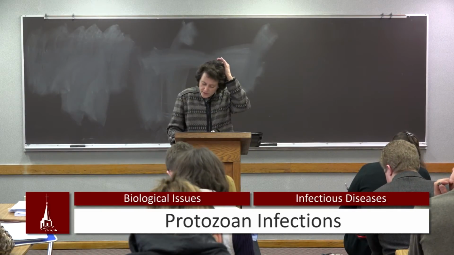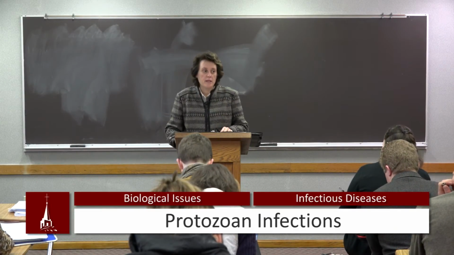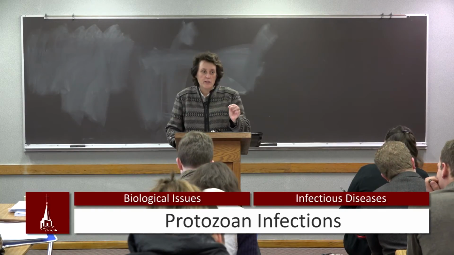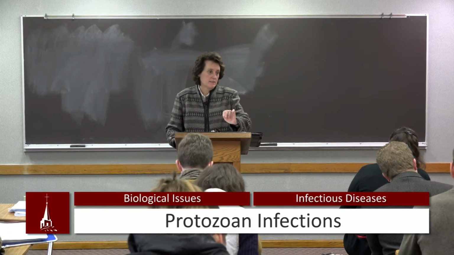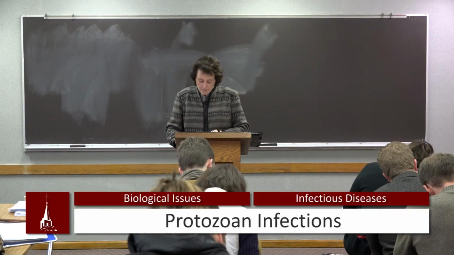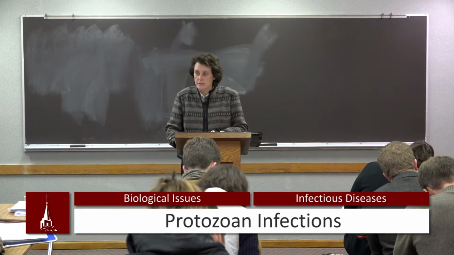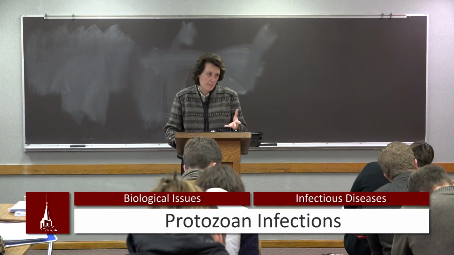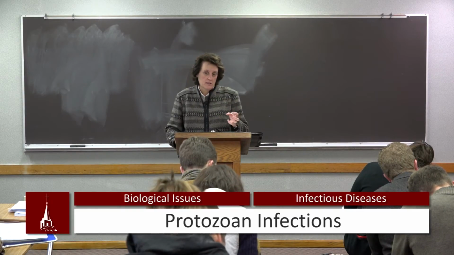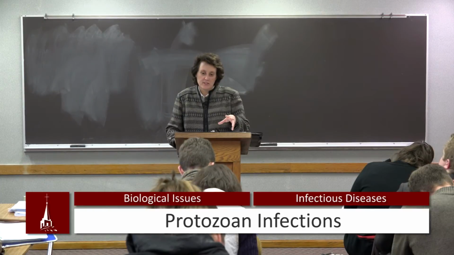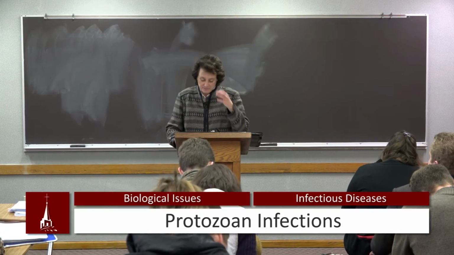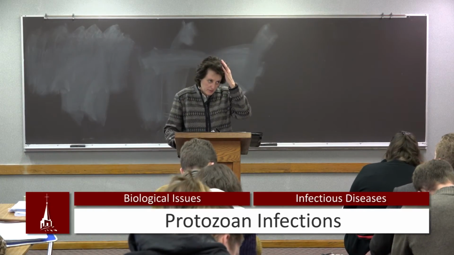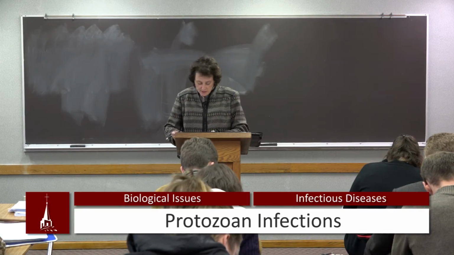Your protozoan infections are primarily bloodborne. They're going to require an insect bite. They can also be foodborne, as in the amoeba, ingested by drinking contaminated water. That's another thing you have to watch out for: water in tropical areas and less developed countries.